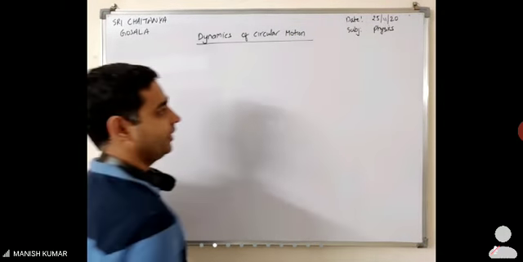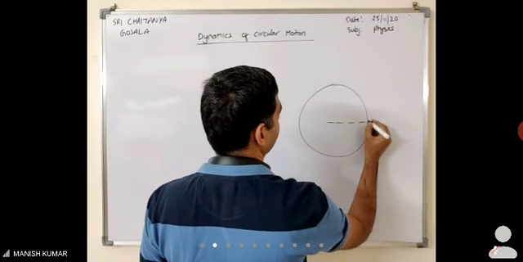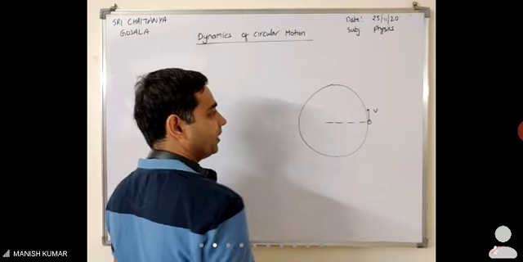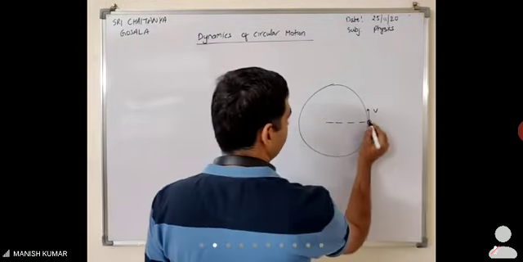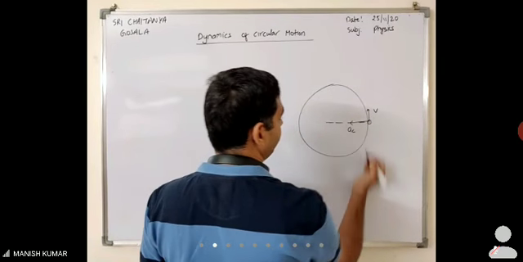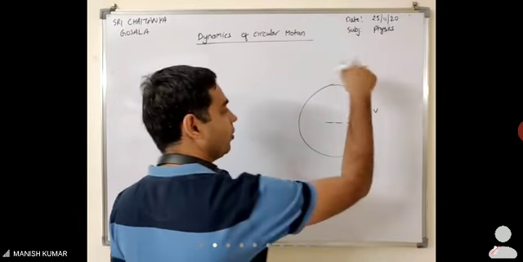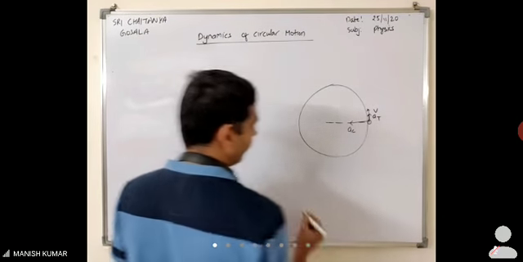We have already studied that when a particle is moving in a circle with, let's say, some velocity, then the particle will have two components of acceleration. One is towards the center, called centripetal acceleration. One is along the velocity or opposite to the velocity, called tangential acceleration.